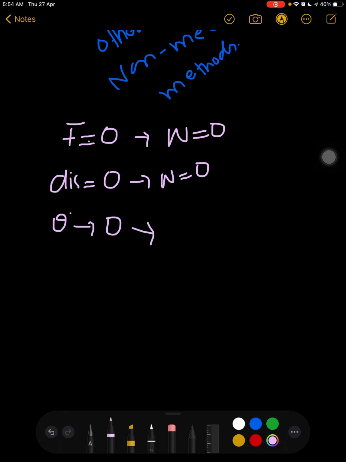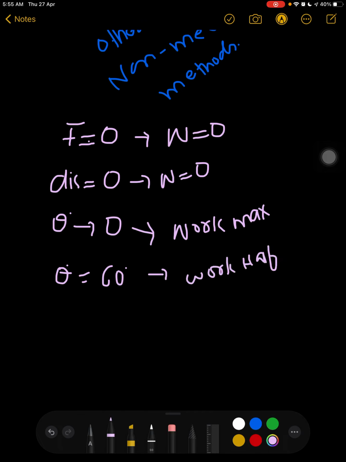Now the third thing is angle. If the angle is 0, then we know that cos 0 is equal to 1, so it means the work will be maximum. So when theta is equal to 0, work is maximum. If theta is 60, then the work is half.